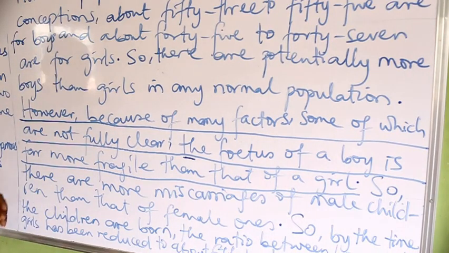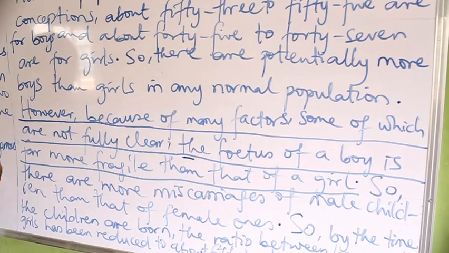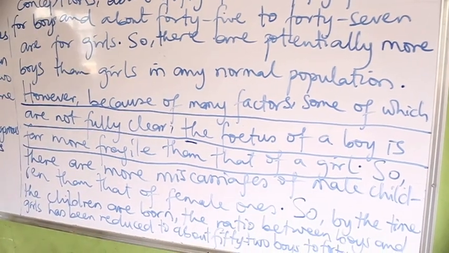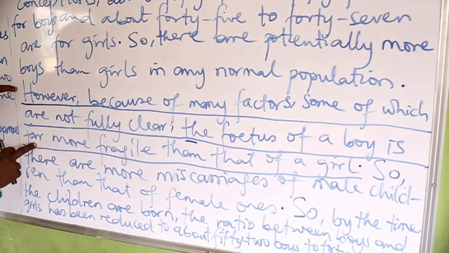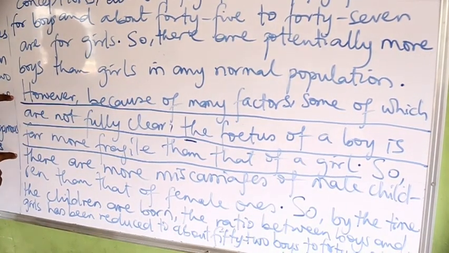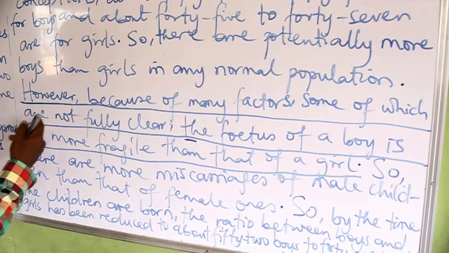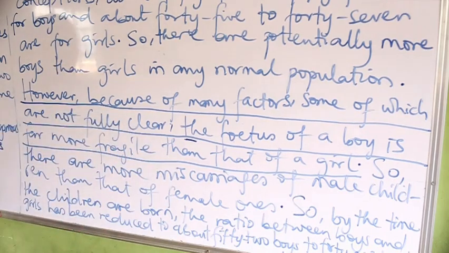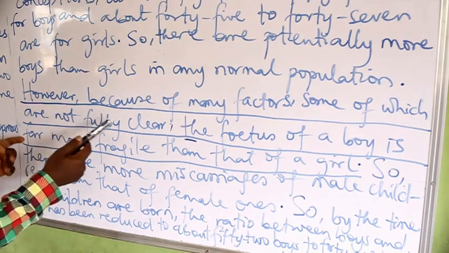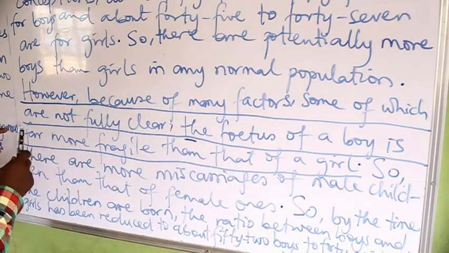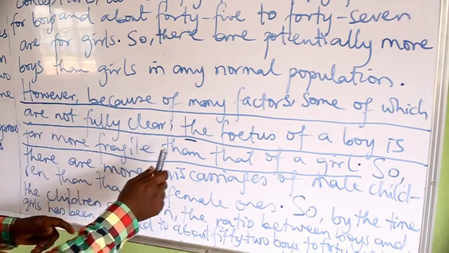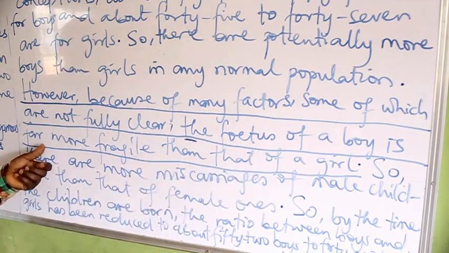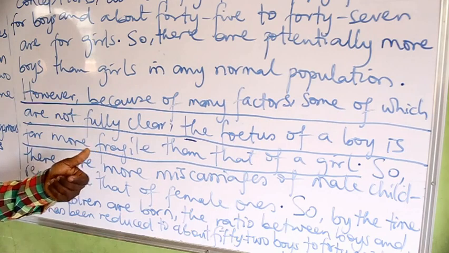So what do you do? You move to the next step, which is to identify the 2 or 3 most important words in the topic sentence. So this is our topic sentence. So let us identify 2 or 3 important words in this sentence. Now, however, because of many factors, some of which are not fully clear, the fetus of a boy is far more fragile than that of a girl.